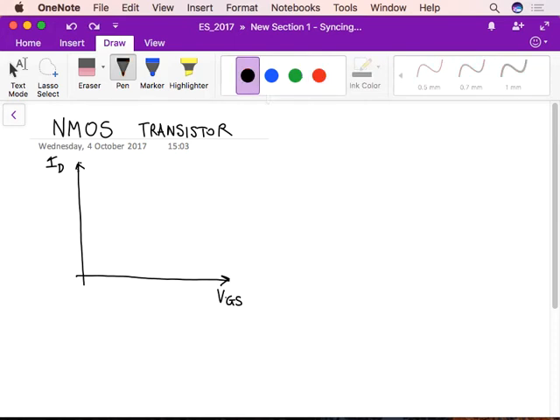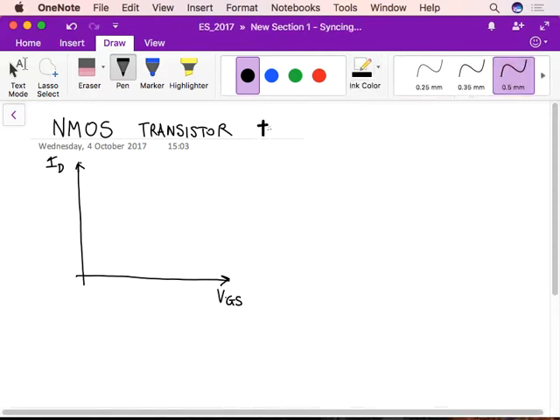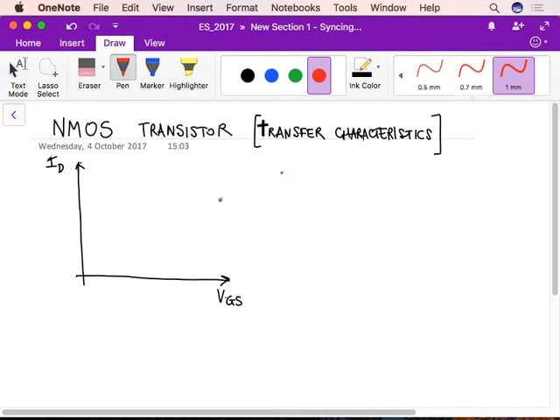So these are transfer characteristics. The behavior is the following. Up to a certain point, the current is 0.